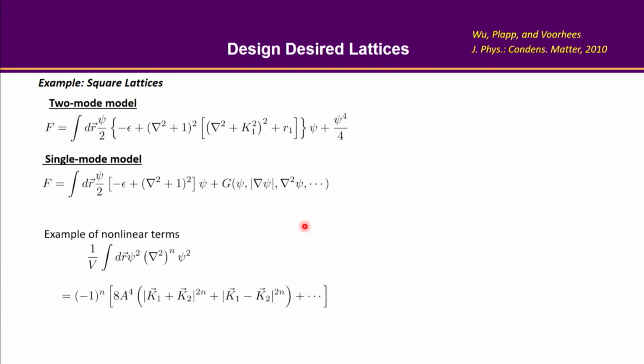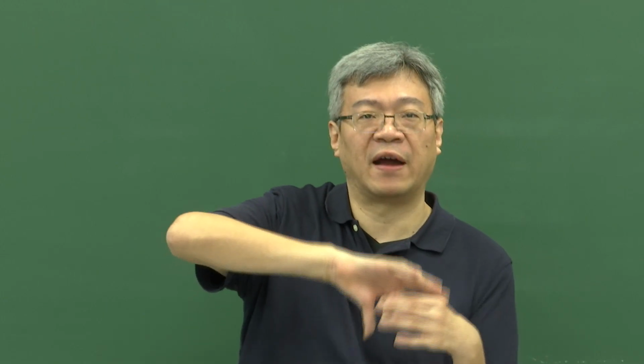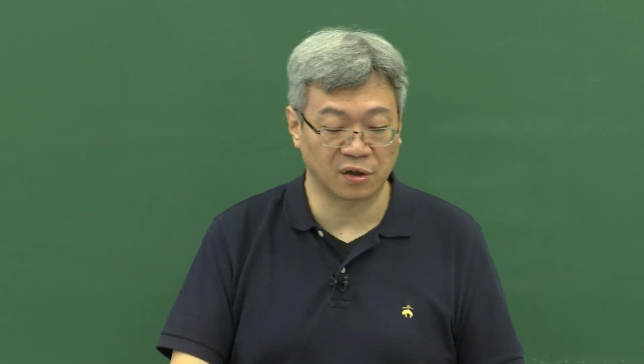You can write this as a summation of all the density waves, and the density waves can point in different directions, because now we don't specify what the lattice symmetry would be. We're just saying you can have a rotational invariant. That's important. So your k vector can be in any orientation. So you plug in that ansatz and you do the integration.